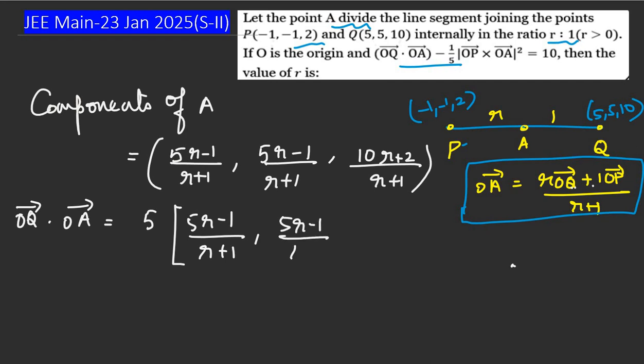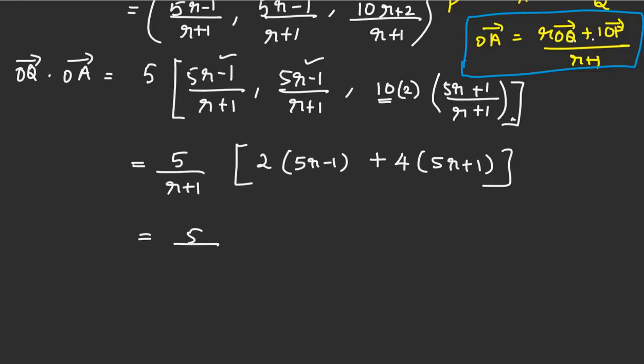This can be written as 10 times 2 into 5R minus 1 divided by R plus 1, 5R plus 1 divided by R plus 1. Now this gives me 5 divided by R plus 1 into 30R plus 2.